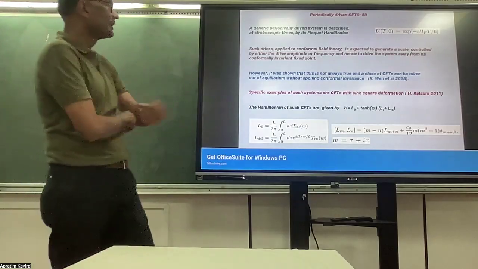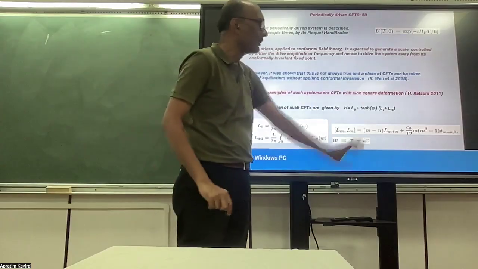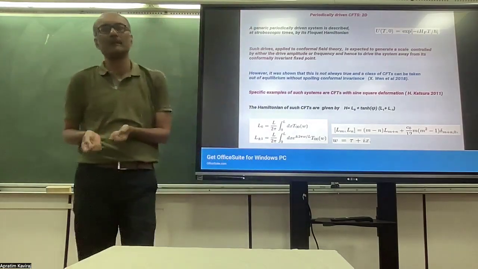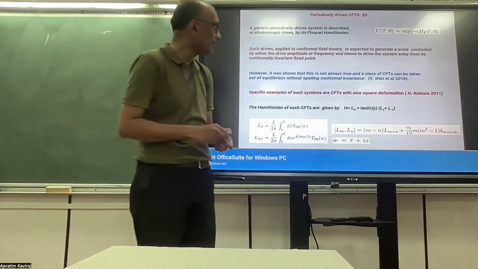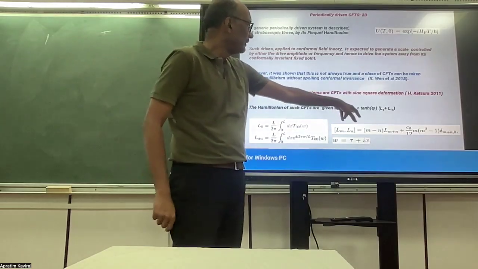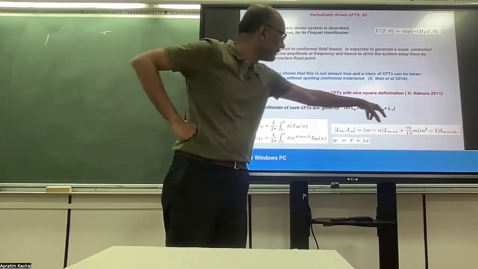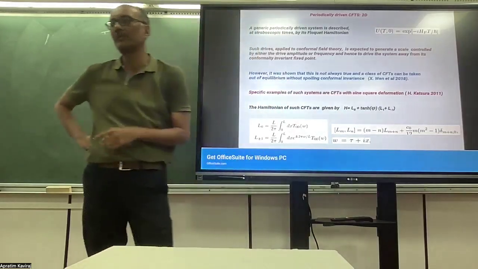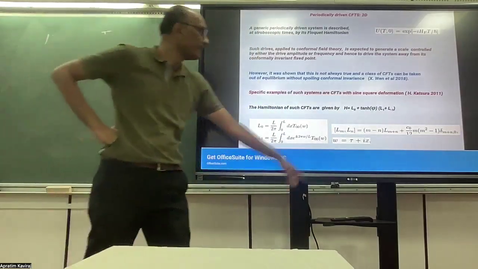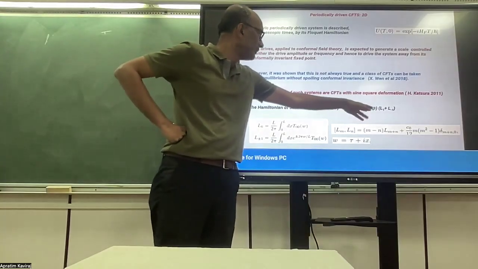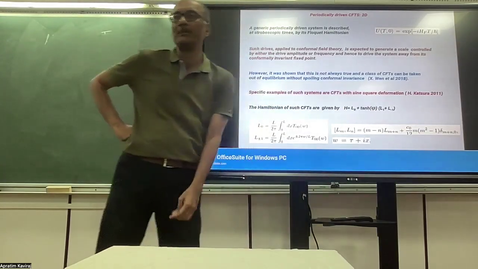Specific examples of such CFTs are ones with sine squared deformation. These are ones where your Hamiltonian can be written in terms of the Virasoro generators, but it's not only L0 which is involved, there is also a combination of L1 and L-1 which comes in. And this theta, or you could put a number here, is the deformation parameter.